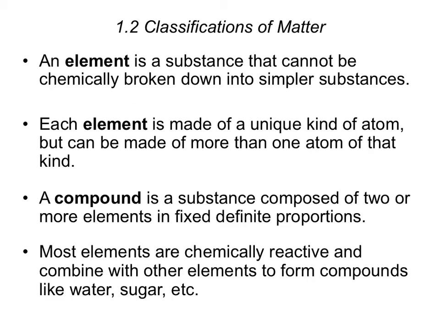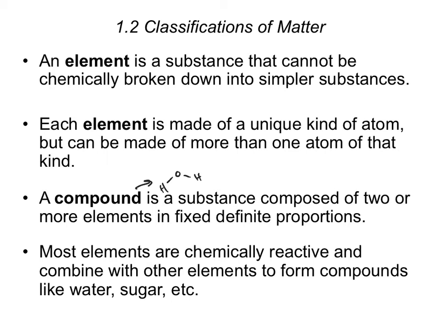So what do we mean by an element? An element is something that can no longer be broken down into simpler things. An element is something like oxygen, something like carbon. You can't break it down and still have that specific element. A compound, on the other hand, is something that can be decomposed into other things. For example, a compound is something like water.